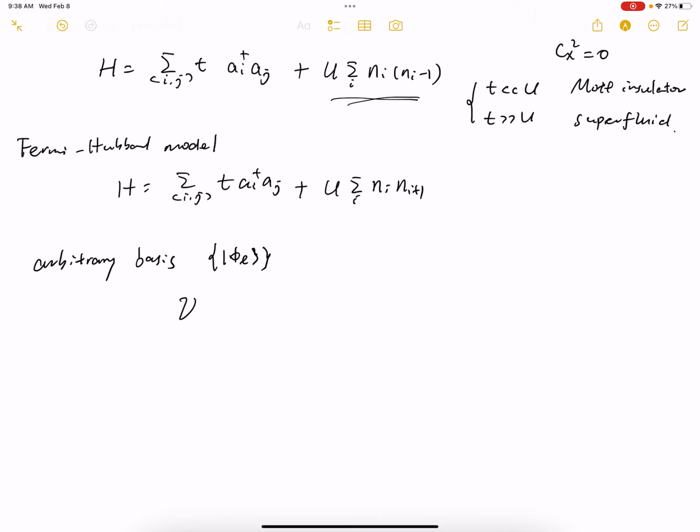Actually, this V here, we can write it as a sum of four, basically a quadruple sum. I'm going to explain this expression in just a moment.